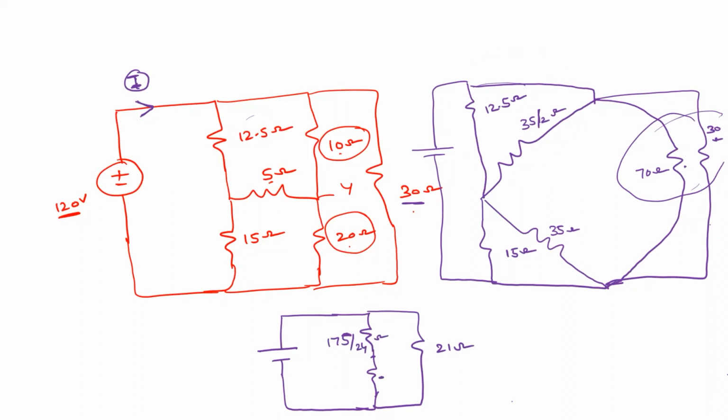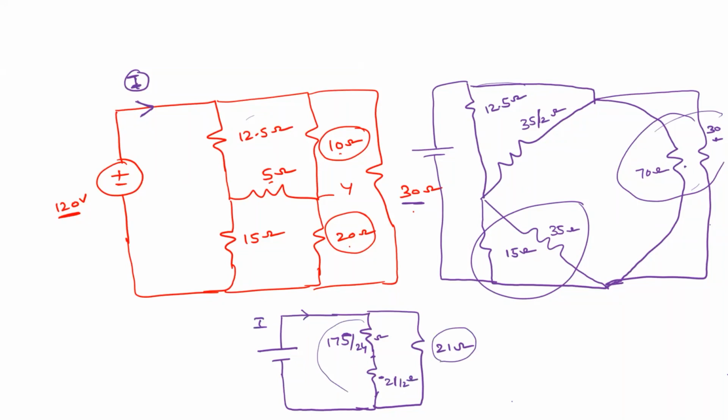So what is this value? 15 and 35, both are in parallel, right? 10.5, that is 21/2. So now these two are in series and in parallel with this 20 ohm. So now you can find out this current, right?